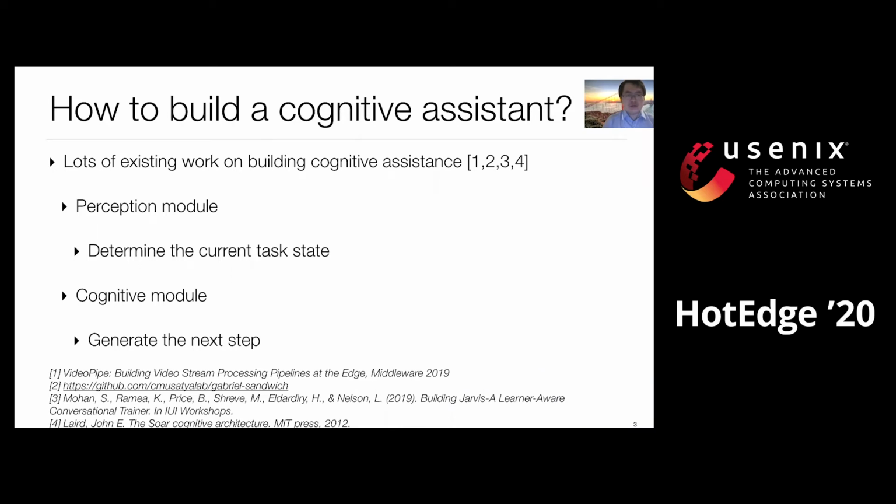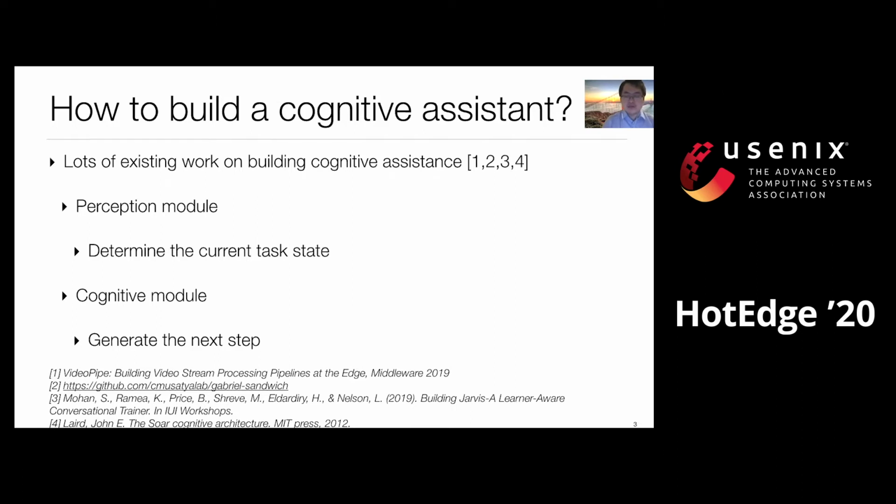The next question is how to build a cognitive assistant. Fortunately, there are lots of existing works such as Gabriel, Jarvis, and Soar that have explored how to build it. In general, to build a cognitive assistant, we need two major components. The first component is a perception module, which is to determine the current task state.